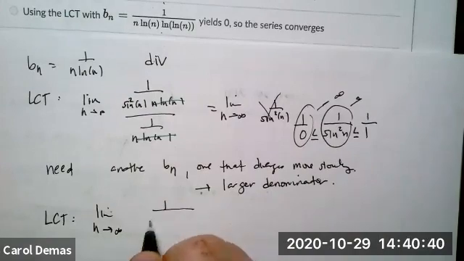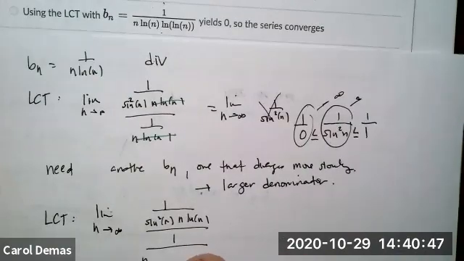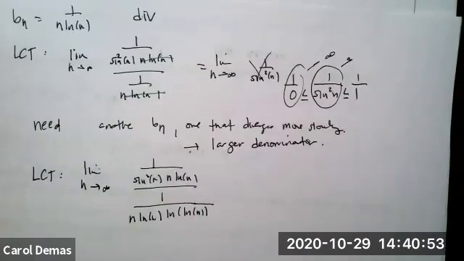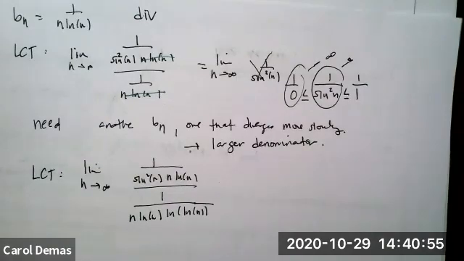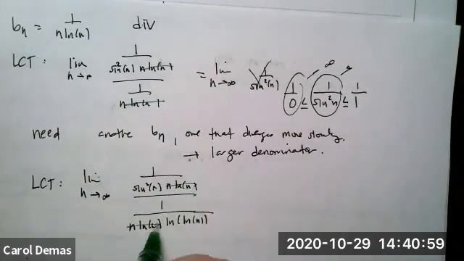We have 1 over sine squared of n log n over 1 over n log n log n. I think he's just having fun here. So we can cross out this guy and this guy. What are we going to be left with?